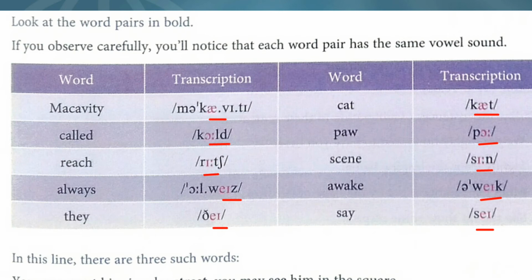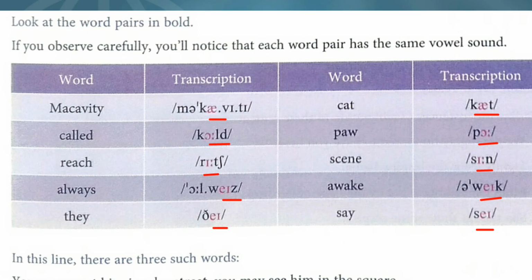Look at the second row, caught and paw. Both words have the same vowel sound. Next one, reach and seen, the long e, the symbol with two dots means a long e, like a Tamil e.